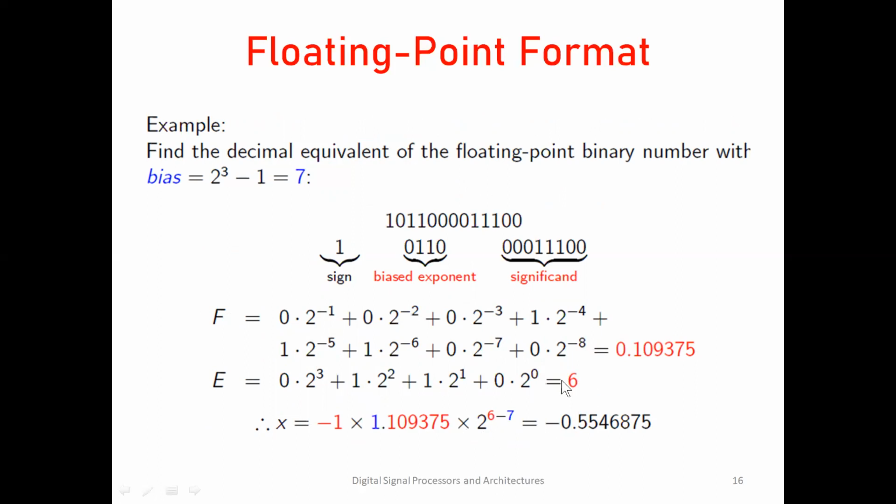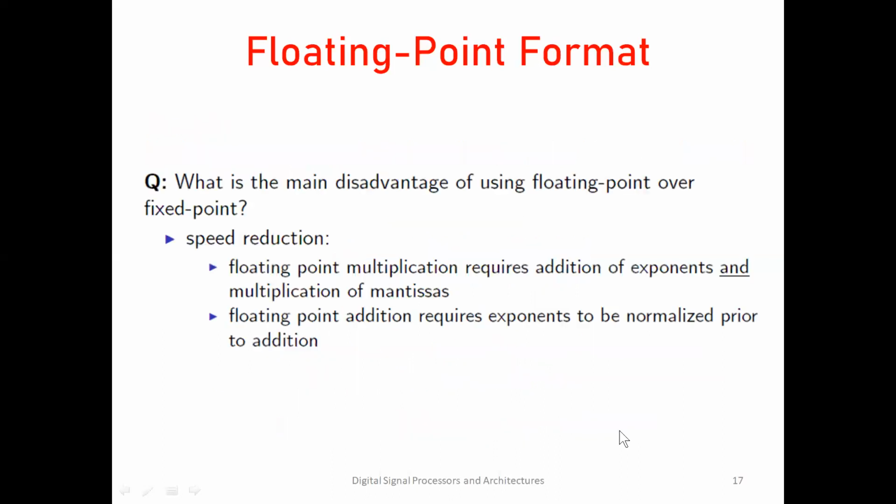The e value we are getting is 6 and the bias value is 7. So 2 power 6 minus 7 gives the total value of x. The decimal equivalent of x is minus 0.5546875. So this is how the decimal equivalent of a floating point binary number can be calculated.